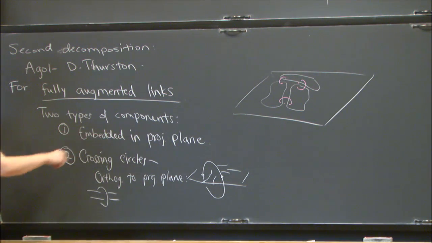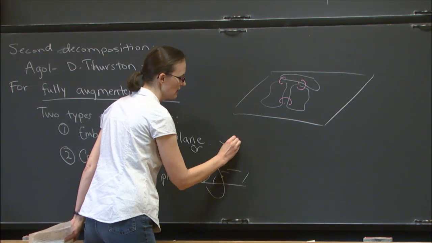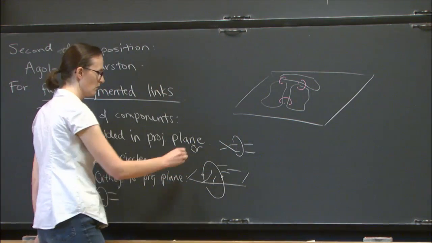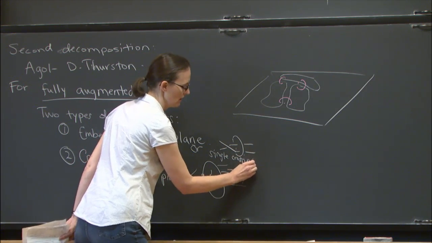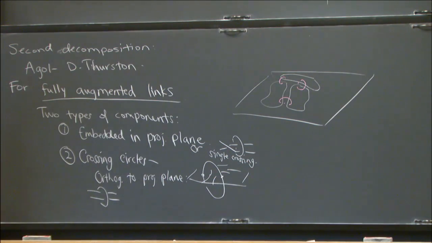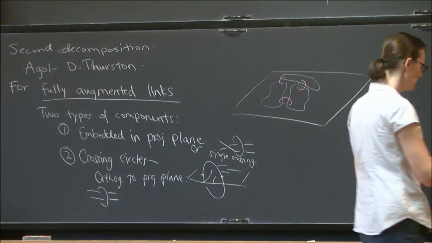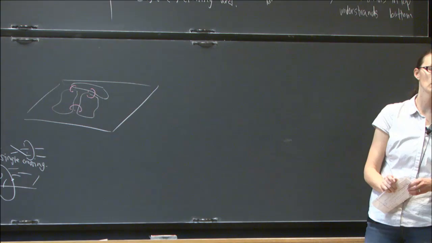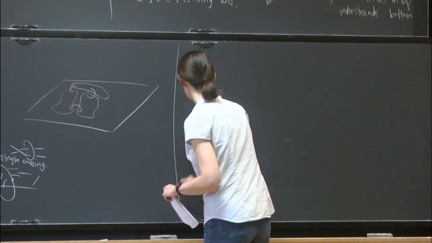So the first component's either embedded in the projection plane, or you can actually allow a single crossing right at a crossing circle, or a single crossing, like so. OK, so fully augmented link, I'm describing it this way. And we're going to decompose these into ideal polyhedra in the following way.